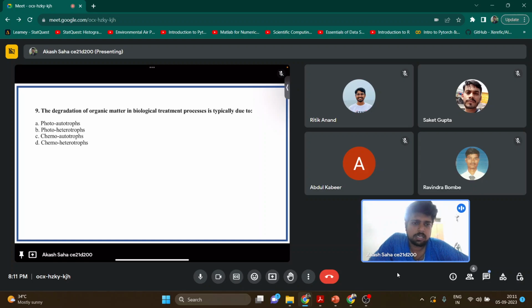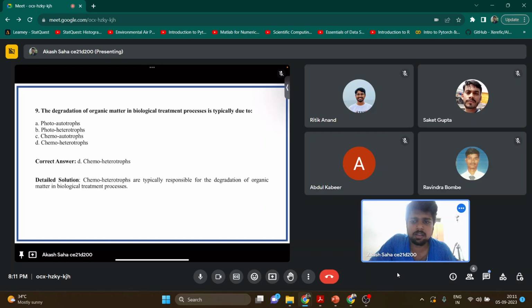Auto means they depend upon inorganic sources. Hetero means they depend upon organic sources. So in any biological treatment, what type of degradation pathway typically happens? It is basically through chemical energy and organic sources, right? So chemoheterotrophs will be governing the biological treatment process.